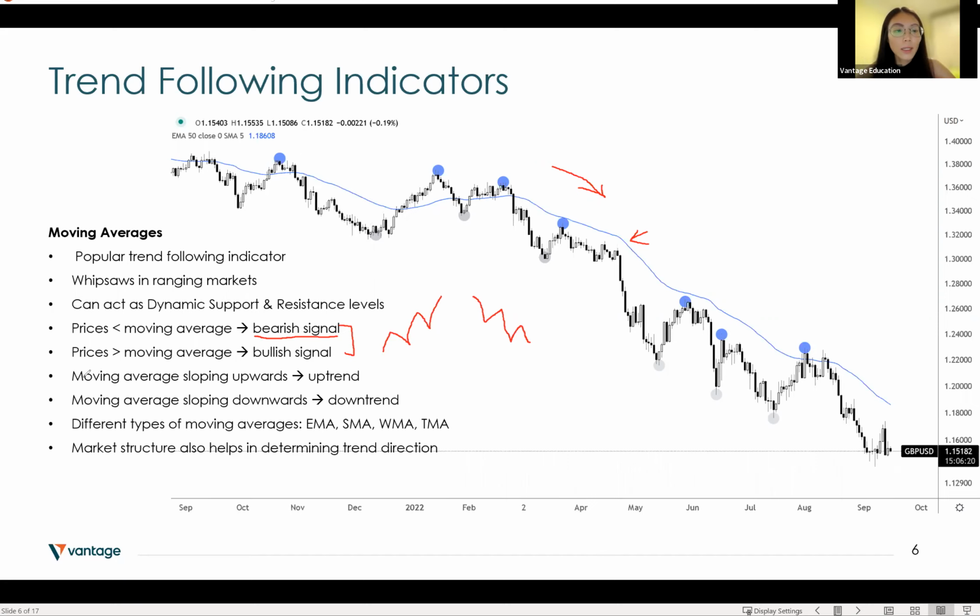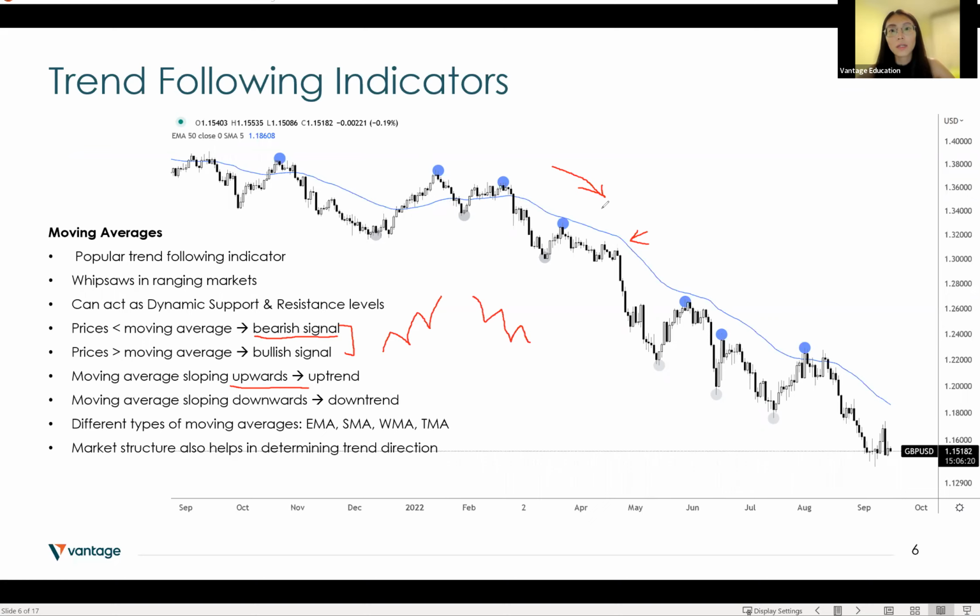One other thing to take note of is that the slope of the moving average can also give us a clue as to the direction of the trend. When the moving average is sloping downwards, it shows that the trend is bearish, whereas if it's sloping upwards over here, it's a bullish trend, right? What is also important to keep in mind is that this is a trend following indicator.